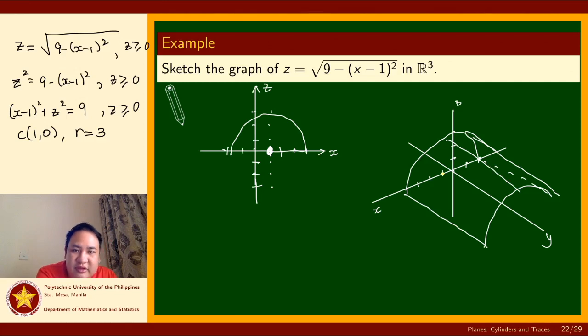What we find is like half of a circular cylinder. The portion inside is empty, so you can enter inside. So that is the graph of z equals the square root of 9 minus (x minus 1) squared.